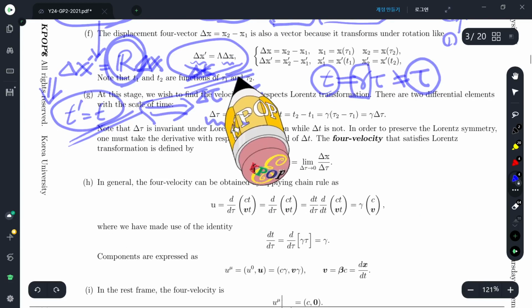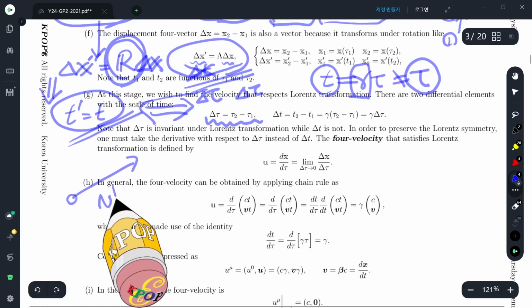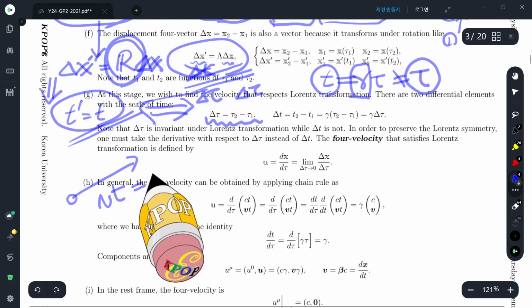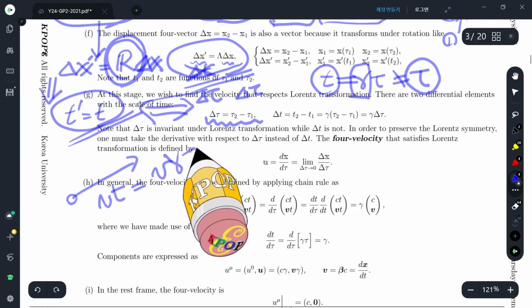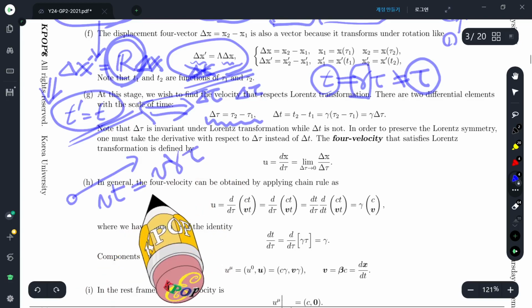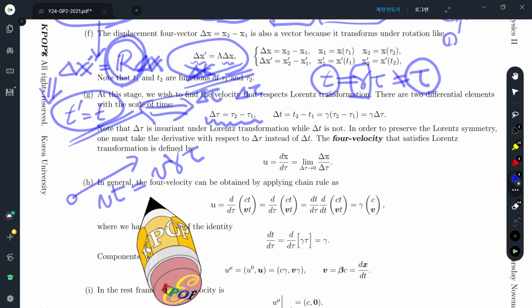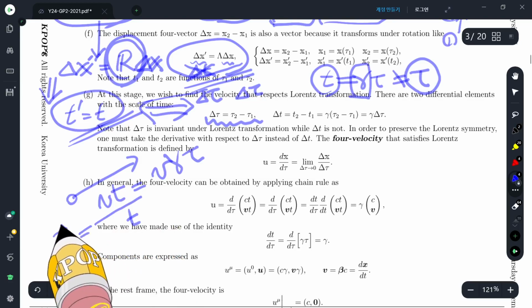In fact, if something is moving, its displacement expressed in terms of time, so it should be gamma tau. If I want to compute the velocity, that is not the spatial component of a Lorentz invariant quantity. If I divide this one by t, what I would get is a v.